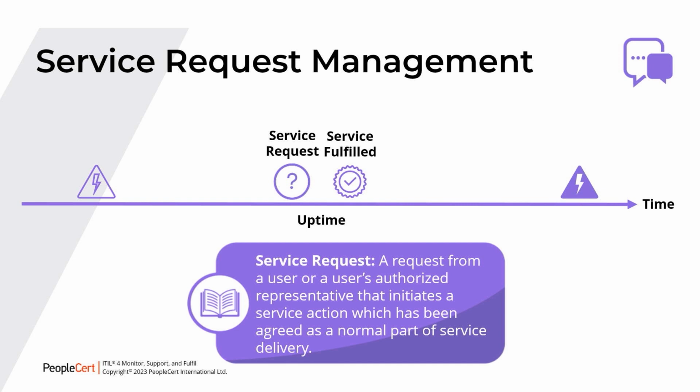So this is not just a generic query or a person calling because they need help on how to do something. This is a specific item which we have agreed with the user if they need us to perform this action or to deliver the service in terms of perhaps a service level agreement. This is something they can request, and this is something that we will perform. So it is predefined and it is initiated by a user or a user representative.